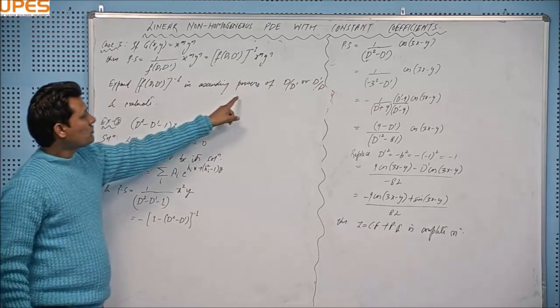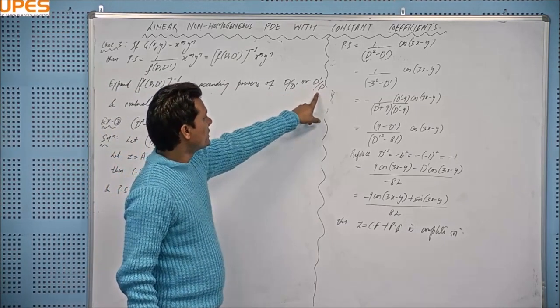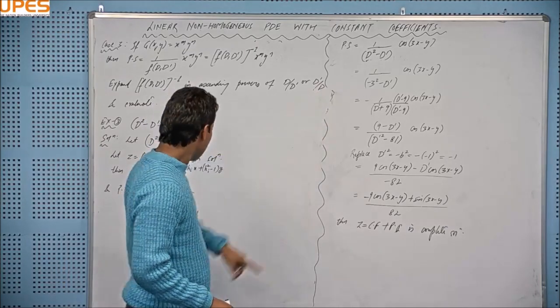One more thing: is expansion in ascending powers of D by D dash or D dash by D necessary? No, in this numerical it is not necessary. We can expand 1 minus g(D, D dash) whole to the power minus 1.